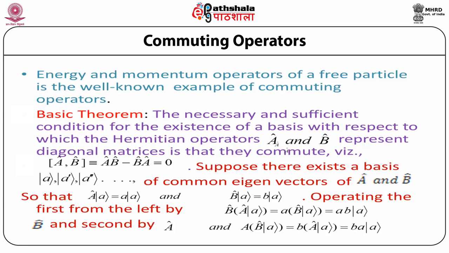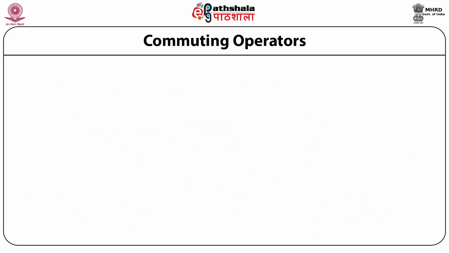where a and b are the eigenvalues corresponding to operators A and B respectively. And similarly, operator A acting on, within brackets, operator B acting on ket |a> is equal to b times operator A acting on ket |a>, which is equal to ba times ket |a>, where b and a correspond to the eigenvalues of operator B and operator A respectively.